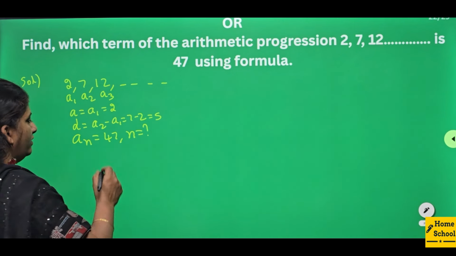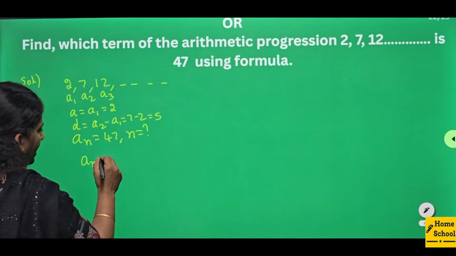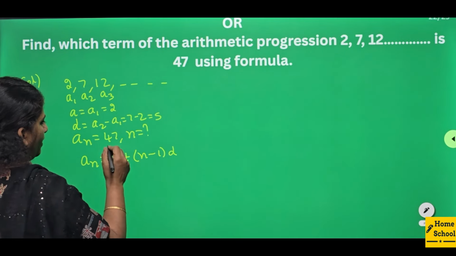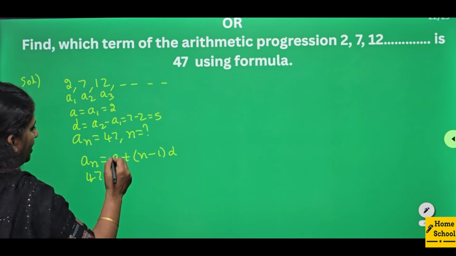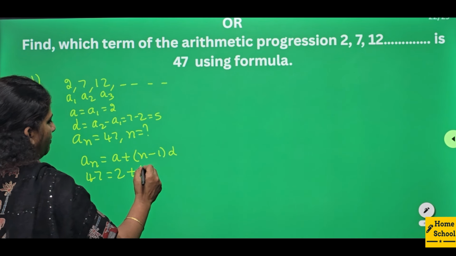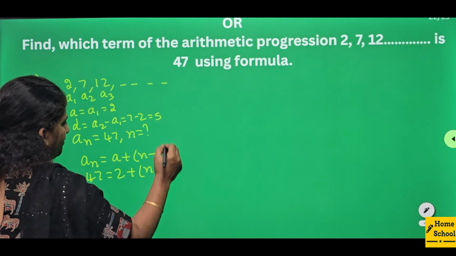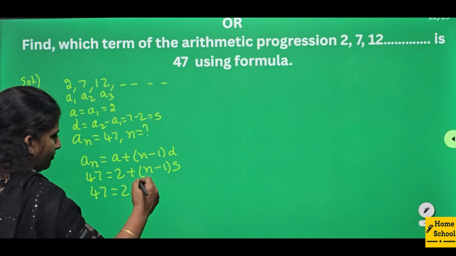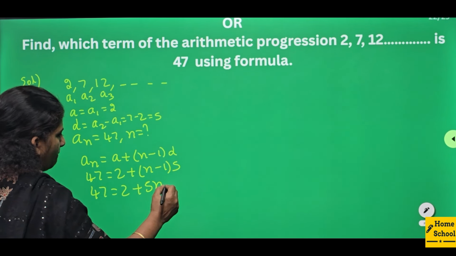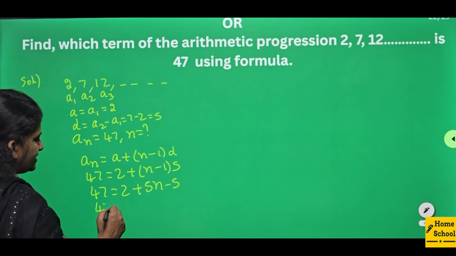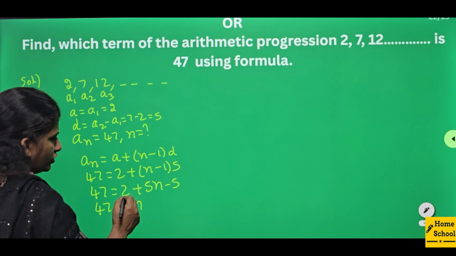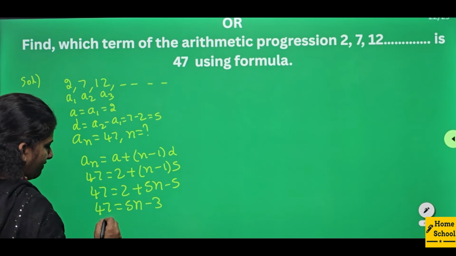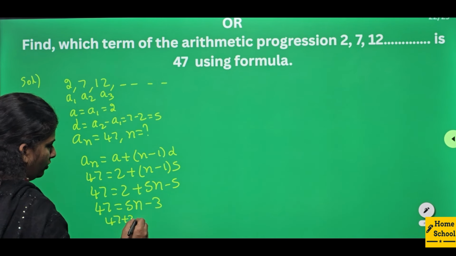By using the formula, we know aₙ = a + (n − 1)d. aₙ value is 47, a value is 2, d value is 5. 47 = 2 + 5(n − 1), remove bracket: 5n − 5. 47 = 5n + 2 − 5, that is 5n − 3. This minus 3 bring this side: 47 + 3 = 5n.